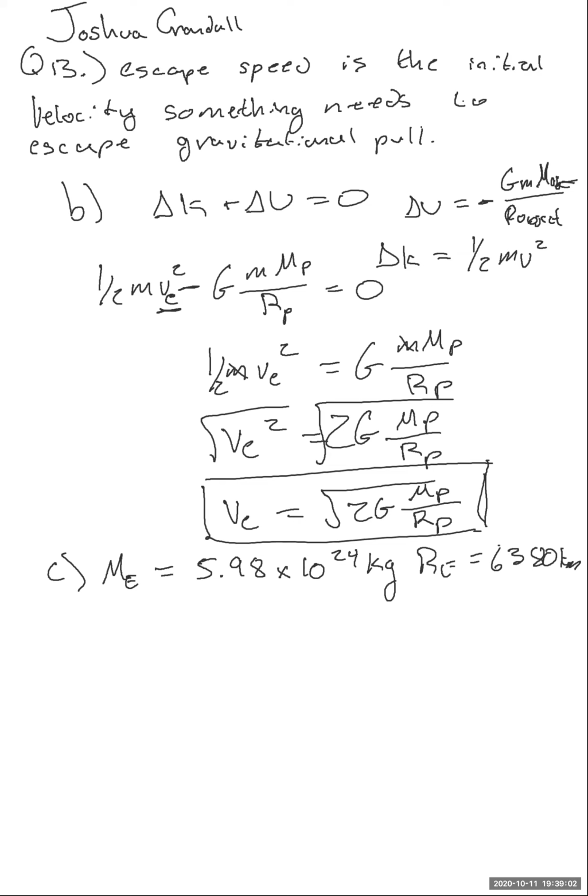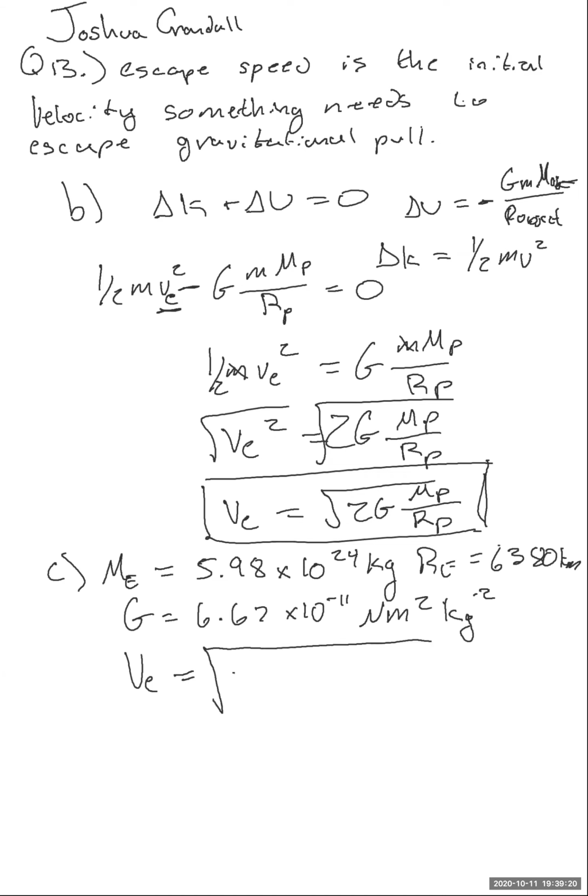And then G is equal to 6.67 times 10 to the negative 11 Newton meters squared per kilogram squared. Okay, so we're just going to substitute all of these variables into our equation.